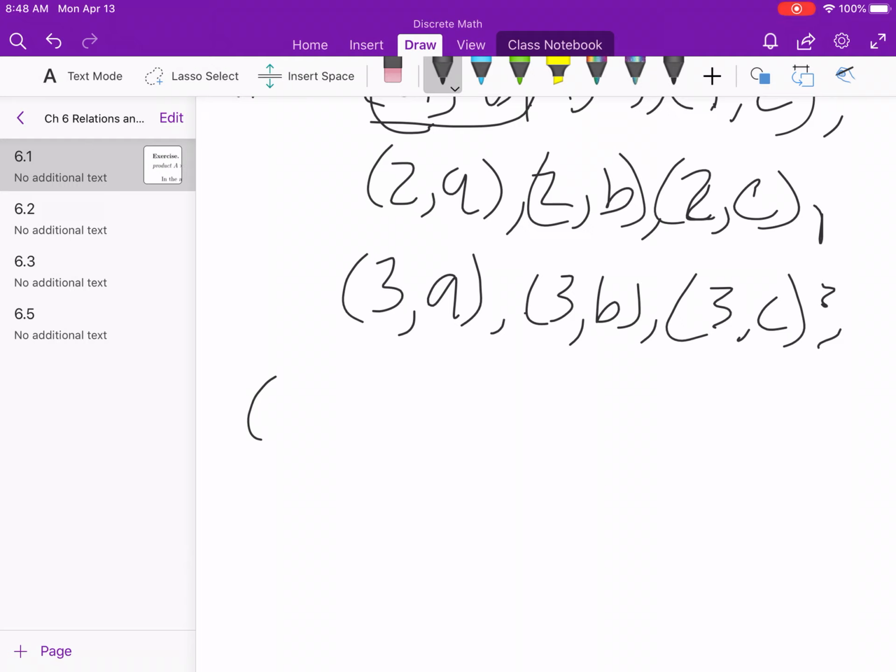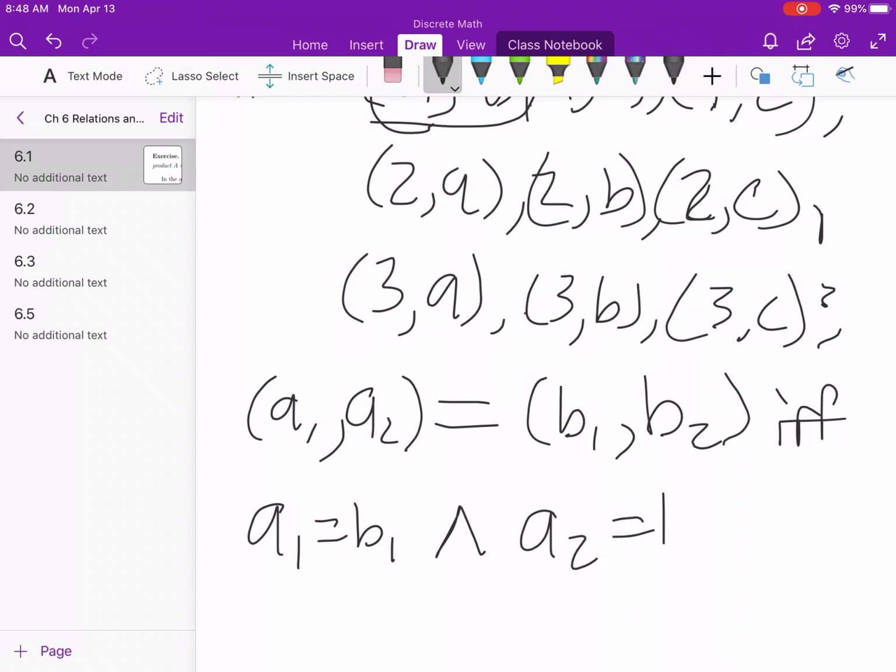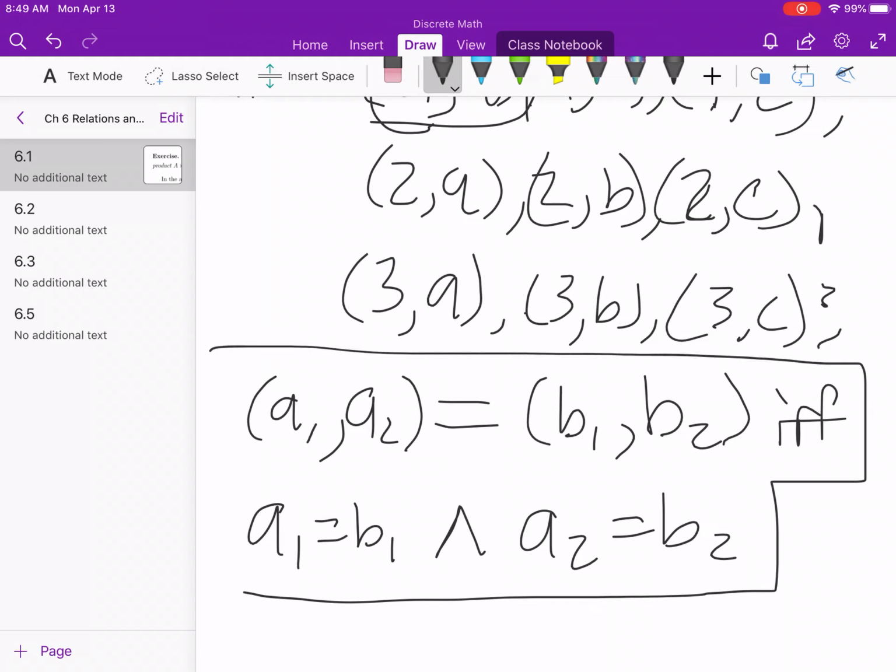If I have an ordered pair (a1, a2), this is equal to (b1, b2) if and only if a1 equals b1 and a2 equals b2. This is what it means for two ordered pairs to be equal.